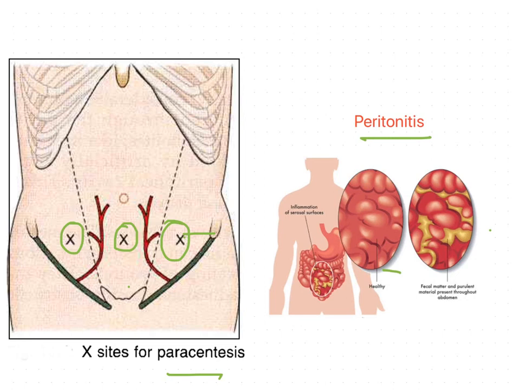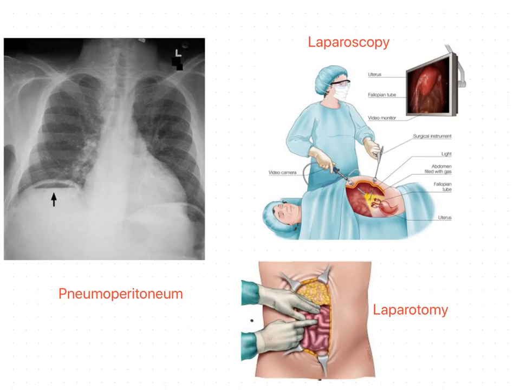Next condition related to clinical anatomy is pneumoperitoneum. The presence of air in the peritoneal cavity is called pneumoperitoneum. It may occur after perforation of the stomach or intestines, that means during any surgical process.